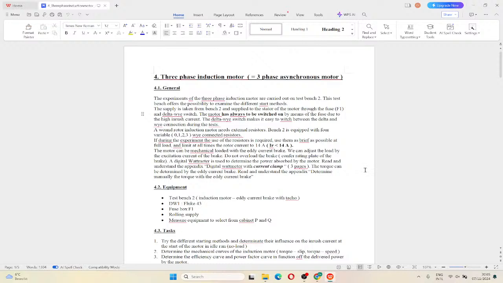And this is the induction motor, a wound-rotor motor. As you can see, we have 6 terminals for the stator and 3 terminals for the rotor. Then the rotor is connected here. Here is a changeable resistance. It is just a resistor, so we can use the switch here to change how big the resistance is.